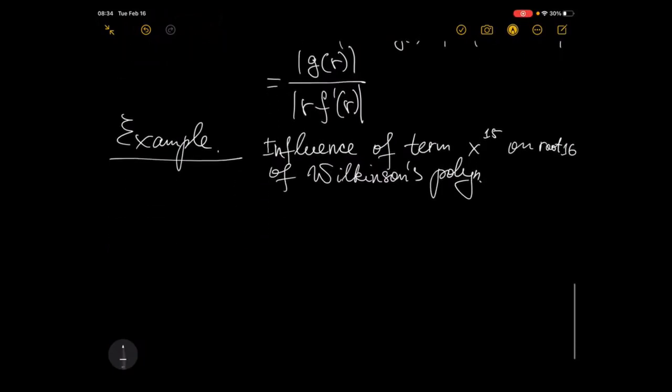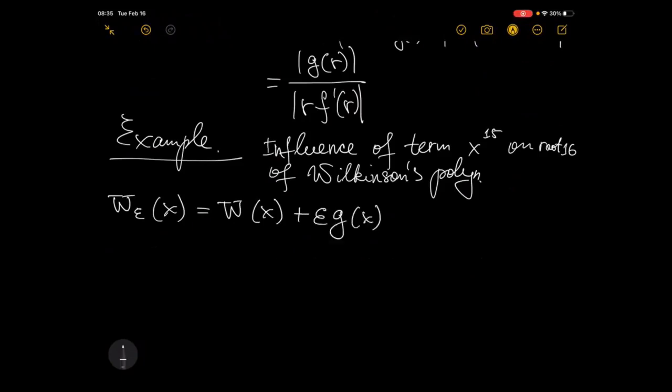Essentially, we can say that the perturbed Wilkinson polynomial will be the unperturbed one plus some epsilon g of x, where g of x, as we know, you can have a look at the book, is just the term with the power 15.